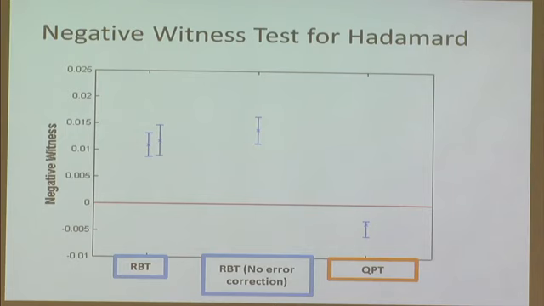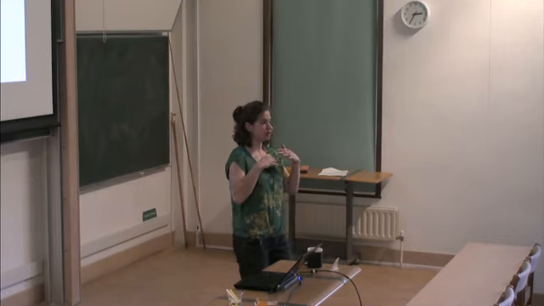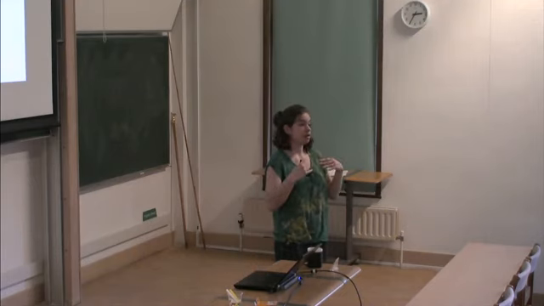We can characterize the combined error E plus the Clifford error, which itself is a valid quantum process, so it should have positive eigenvalues. This RBT is after we've inverted the average Clifford error process and gotten just E by itself. Here on the y-axis is the negative witness. This is the size of the smallest eigenvalue in the Choi representation of the reconstructed map.